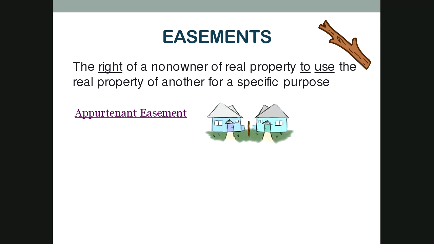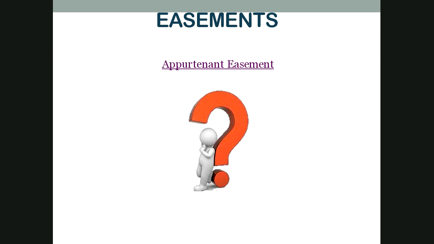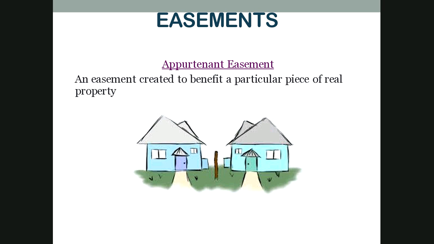So there are two kinds of easements, appurtenant and in gross. An appurtenant easement is one that benefits a particular piece of property.